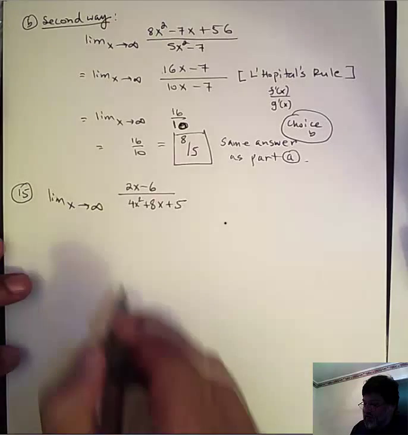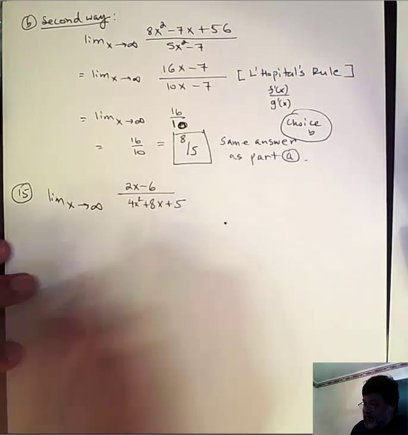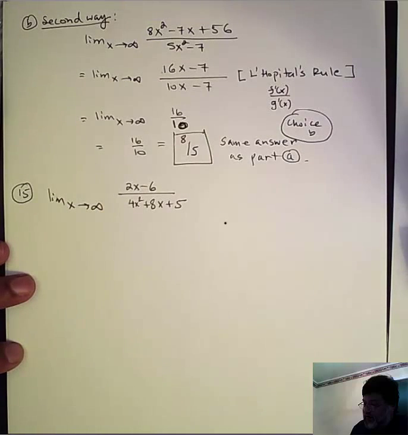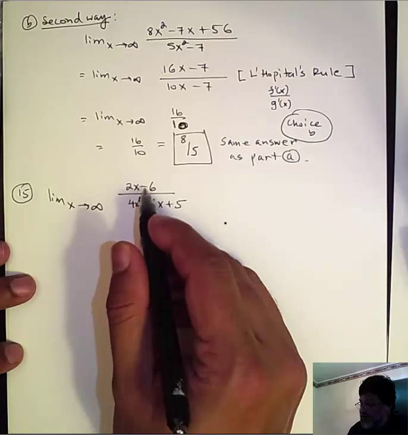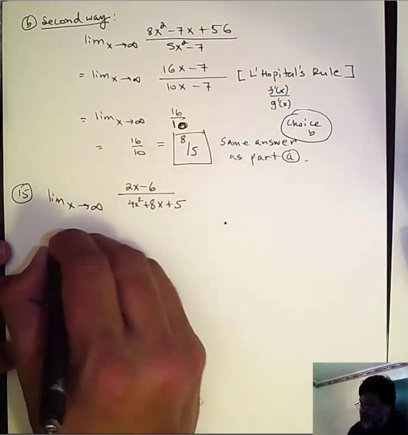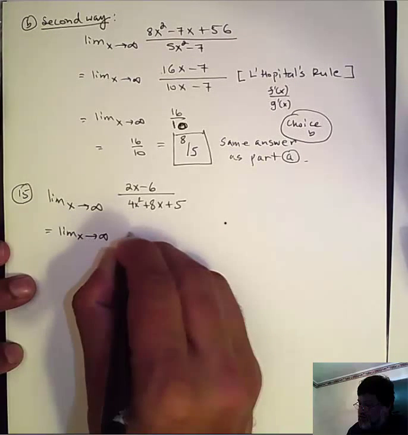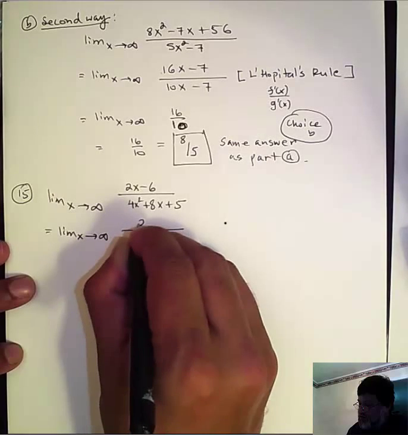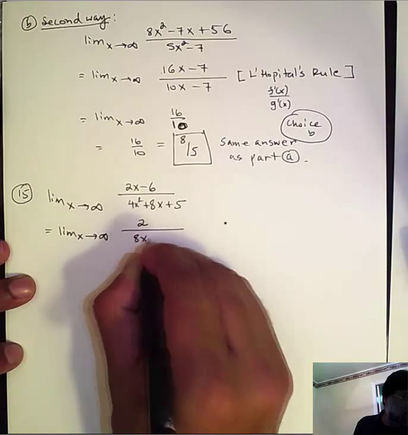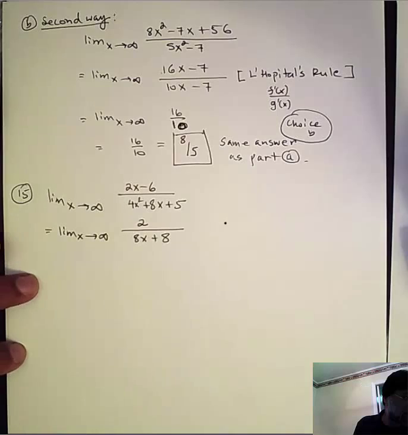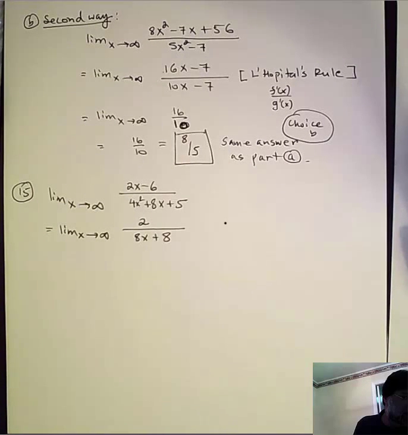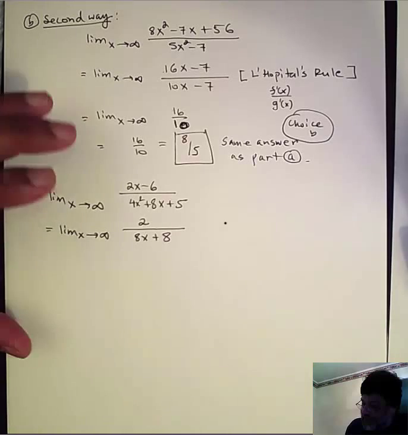Alright, so can we factor this out? Is there any way we can do this where this could be reduced? No, we're just going to go ahead and take the derivative. If I take the derivative, I get 2 over 8x plus 8. Now can we plug in infinity and not get undefined?